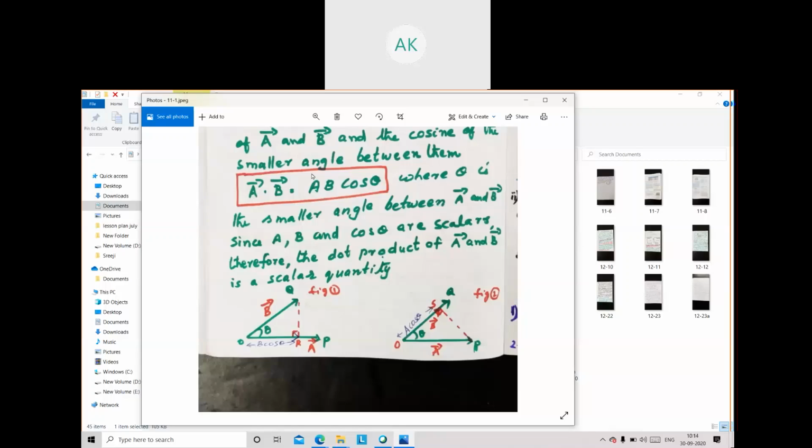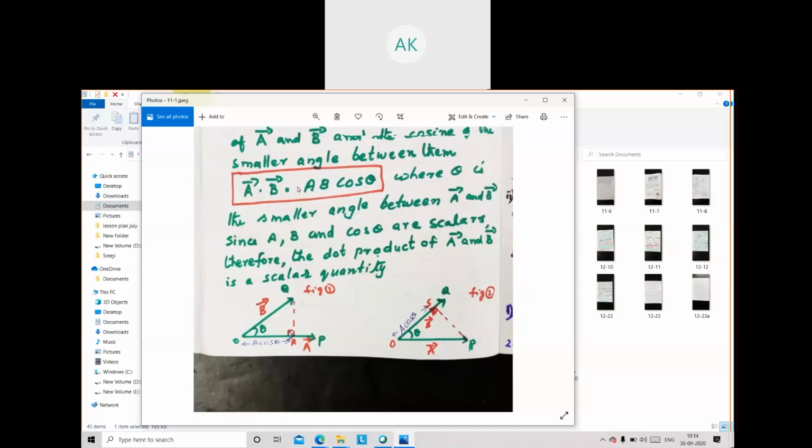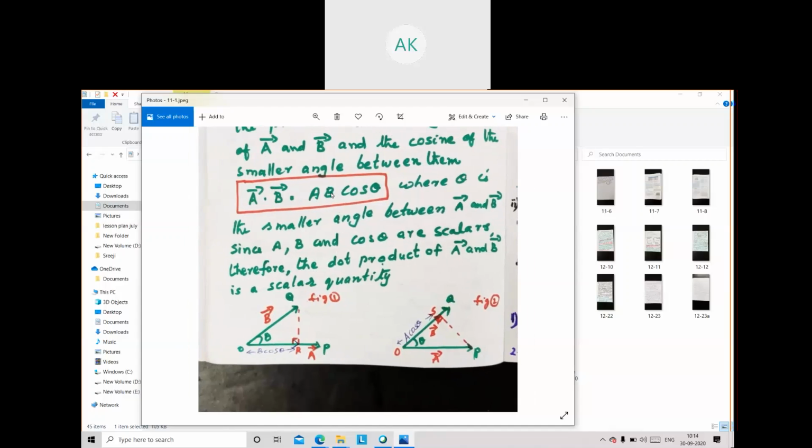We are not putting the vector sign here. B is the magnitude of vector B. And theta is the smaller angle between the two vectors.